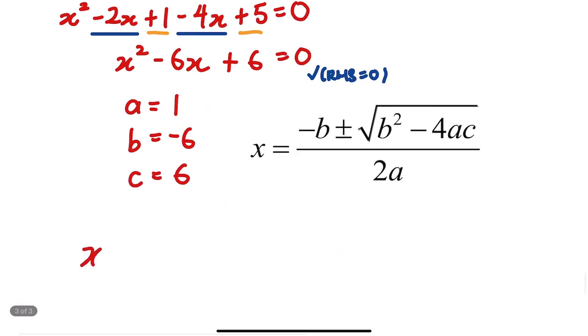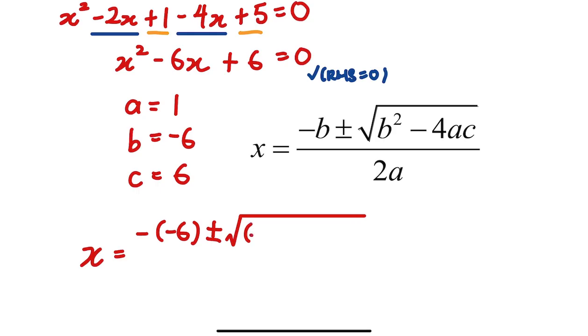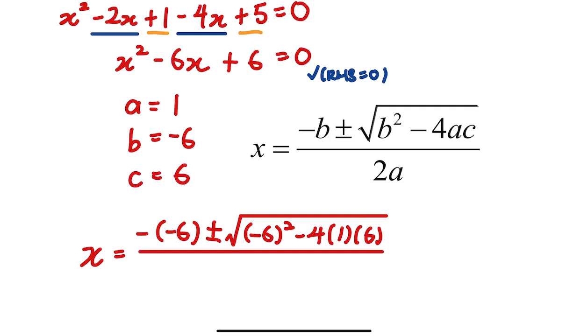Therefore, x is equal to negative b, so over here, negative 6, plus minus square root, then from here, negative 6 squared minus 4, A is 1, C is 6. The whole thing divided by 2 times A, which is 1.